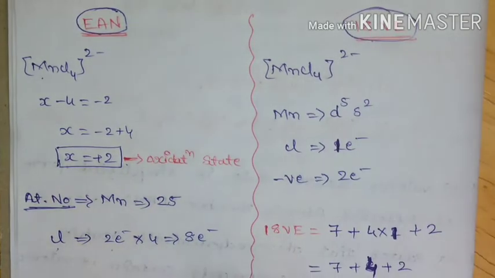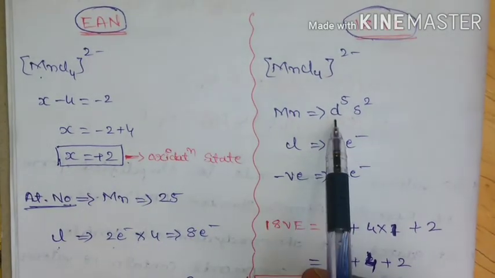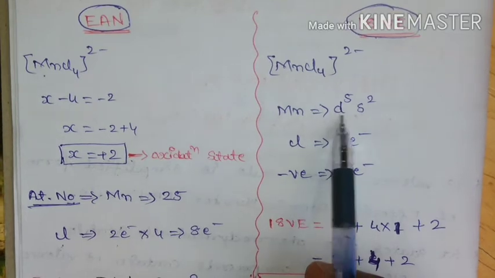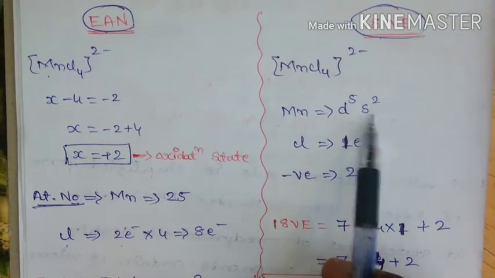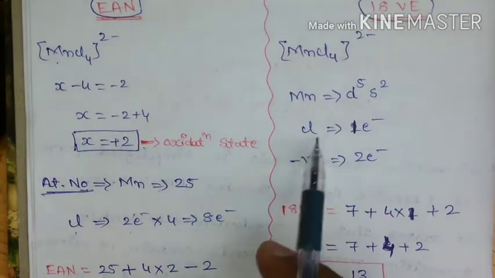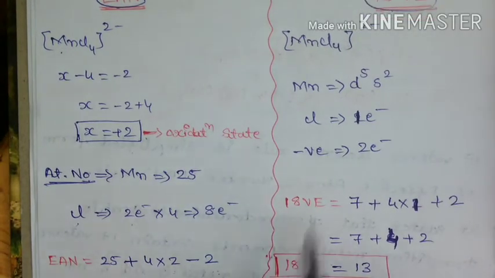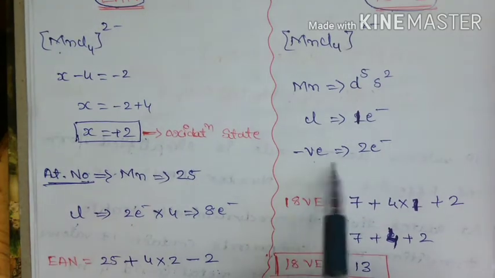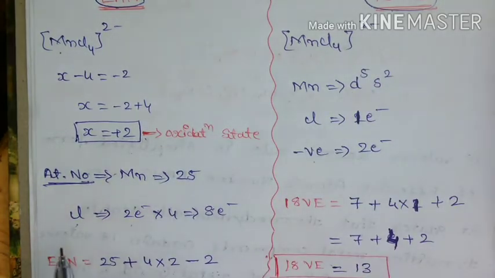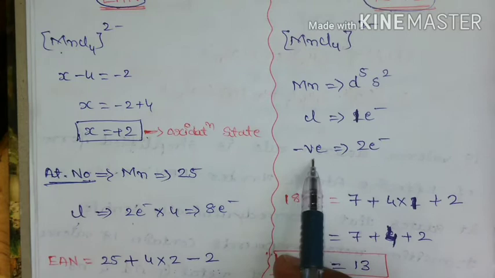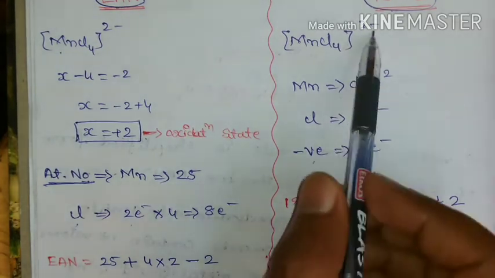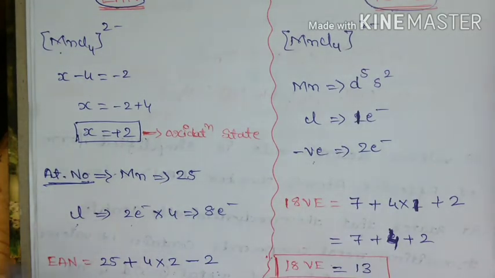In the 18 valence electron rule, for manganese we consider the (n-1)d and ns orbital electrons, and the chloride ligand donates only 1 electron. The complex carries a 2 minus charge, and each negative charge gives 1 electron, so 2 negative charges give 2 electrons.